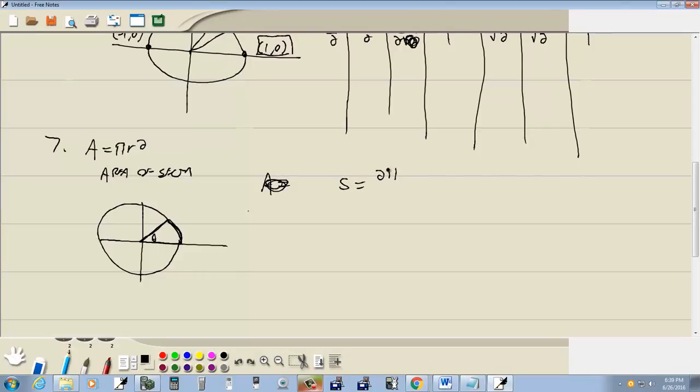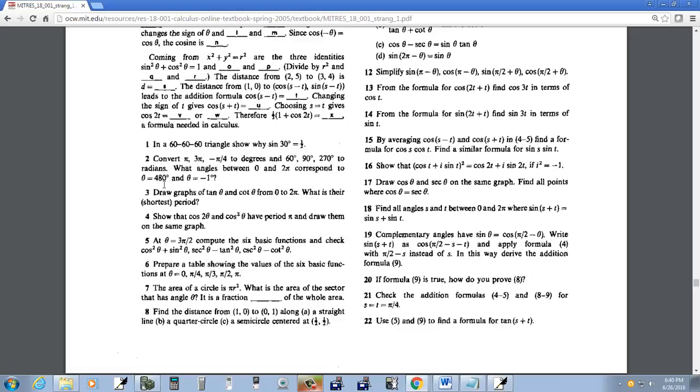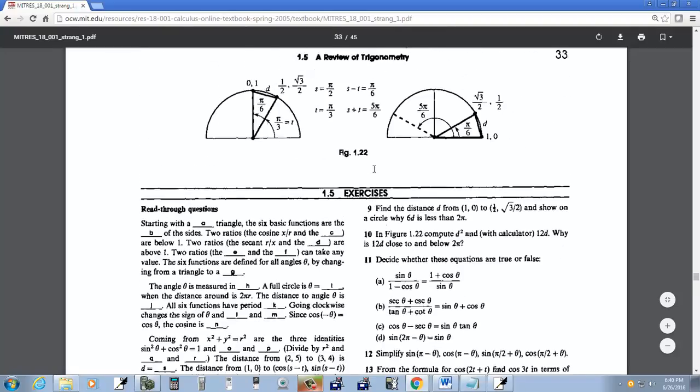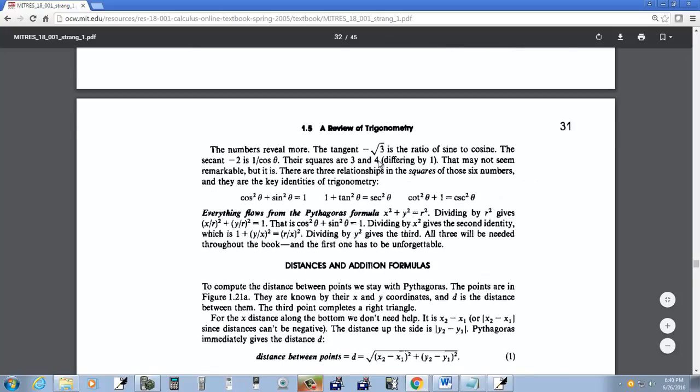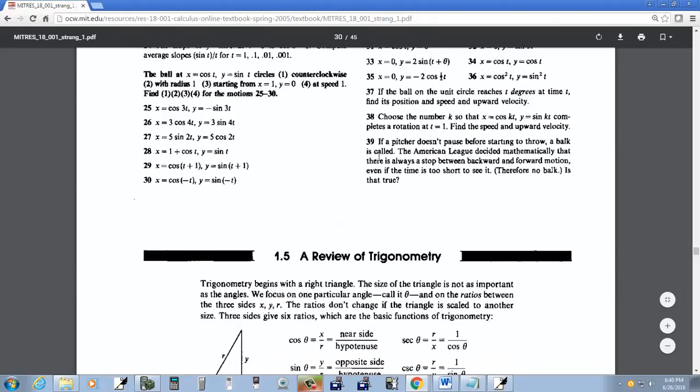I think it's S is equal to 2 pi over R. Here, if you just look at the length of a, let me look here. It's not a sector. I think it starts with S.